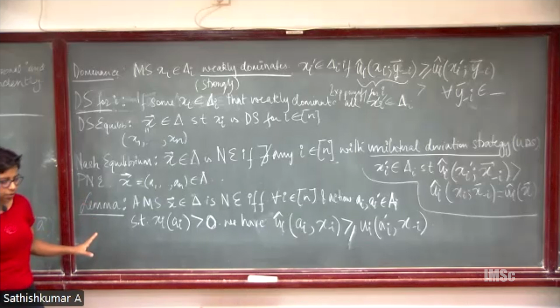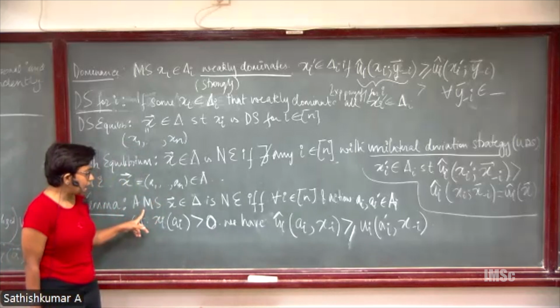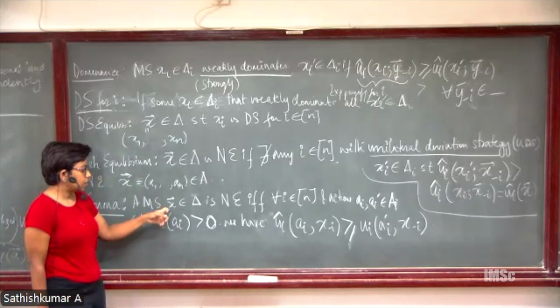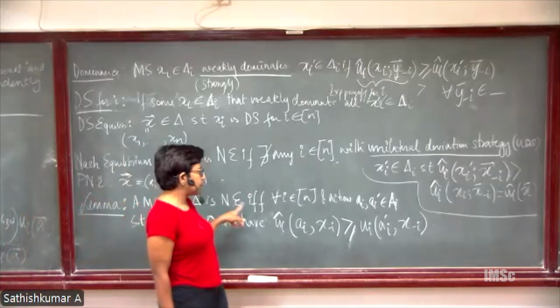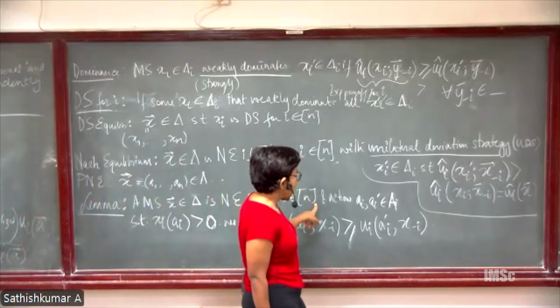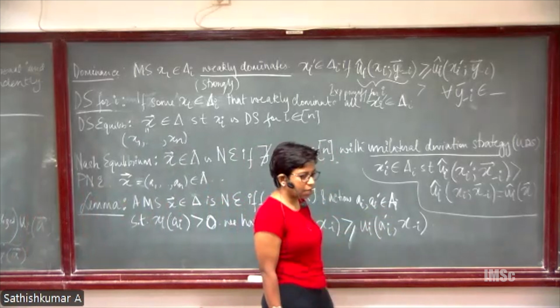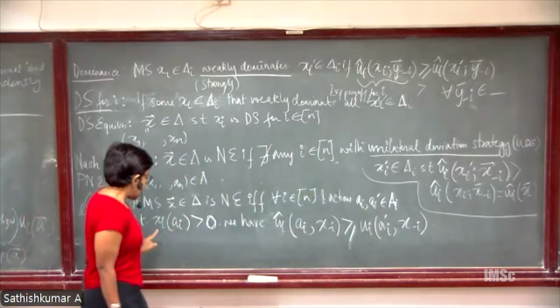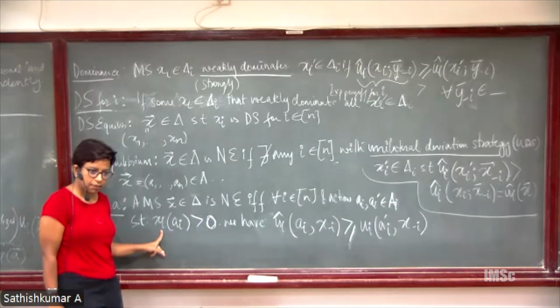Okay, so what this is saying is that if you have a mixed strategy X bar, this mixed strategy profile, it is a Nash equilibrium if and only if for all players and any two actions for that player, AI and AI prime, as long as one of them is in the support of this Xi.